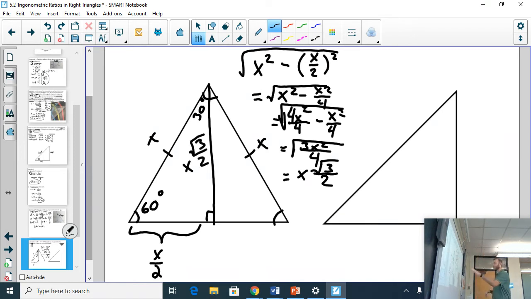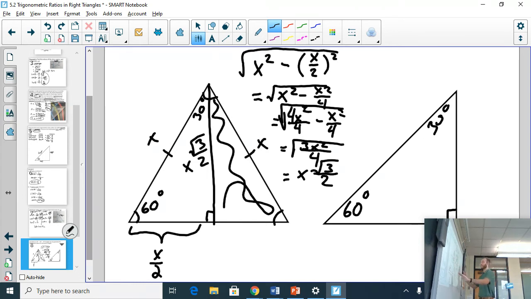And here I'm going to redraw my 30, 60, 90. So there's my 30, 60, 90. I'm kind of just ignoring this triangle, and I've just rewritten this one over here. I know it looks a little different. But notice all these side lengths, I can multiply these all by 2 to make it a little easier.